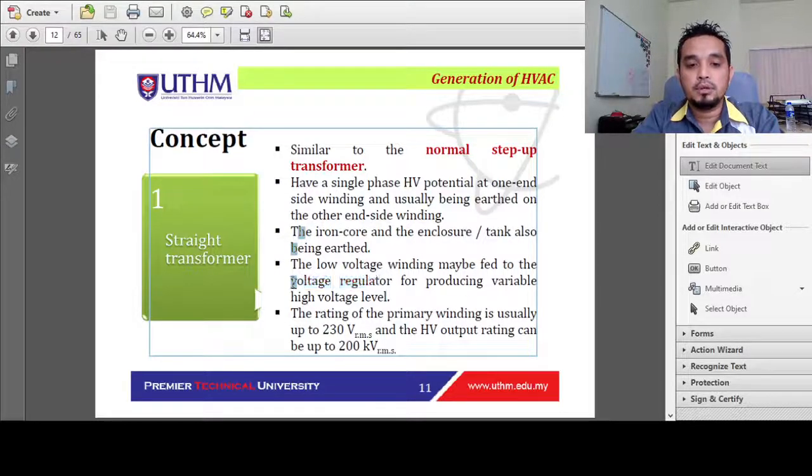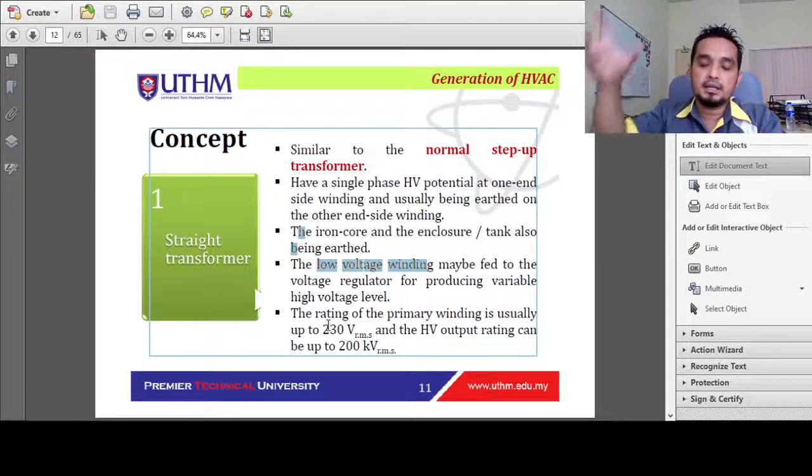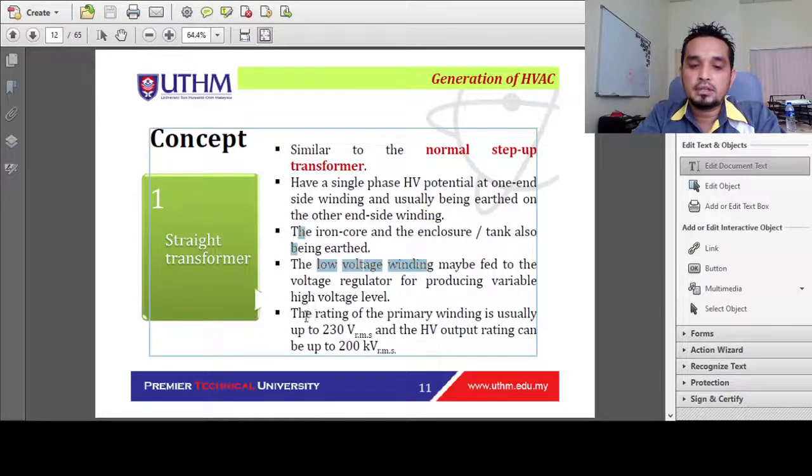So we will put the voltage regulator at the low voltage winding, obviously, because we want to amend the voltage supply to the low voltage winding, so that the voltage output can also be varied.